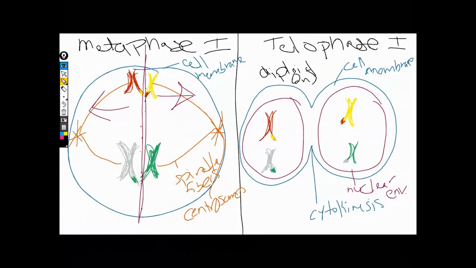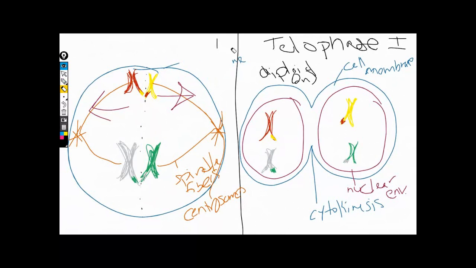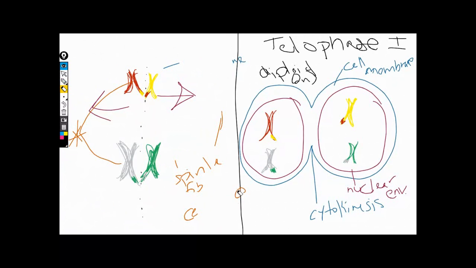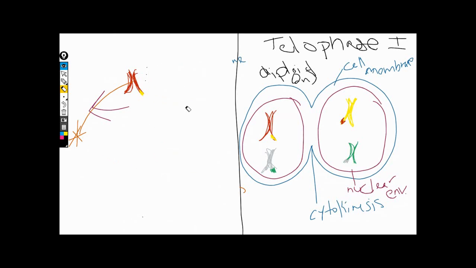Okay, so for right now, let's just start and let's go through prophase 2. I'm going to erase metaphase here. Bye, baby. As you go along, you should do it for both of your cells.